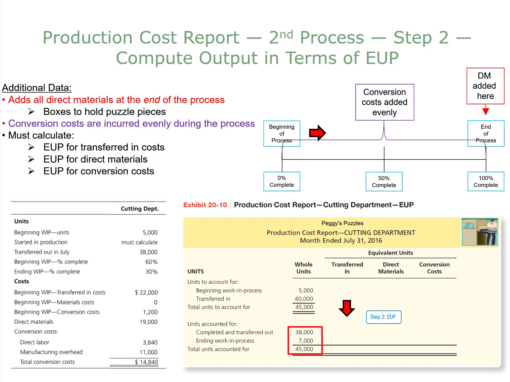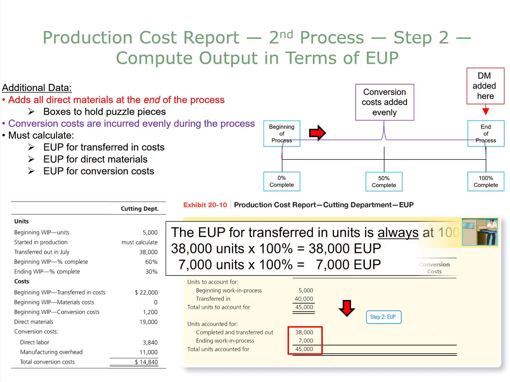Therefore, 100% of any costs associated with the work done in the previous department stay with these transferred in units at 100% EUP. This makes sense because these transferred in costs from the previous department were already 100% complete for that department, so we have to carry forward 100% of their costs into this department. If we did not, we would be understating the true costs of the puzzles.